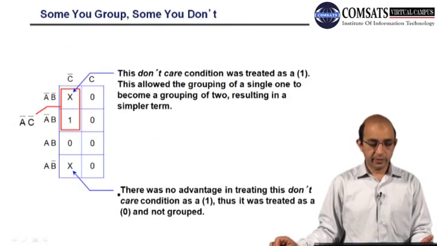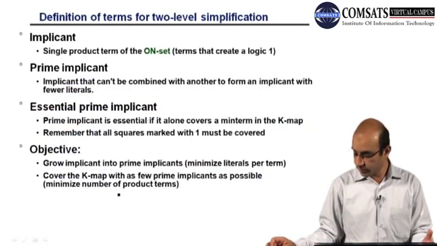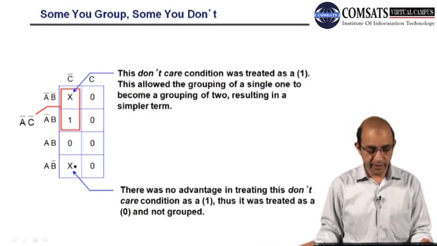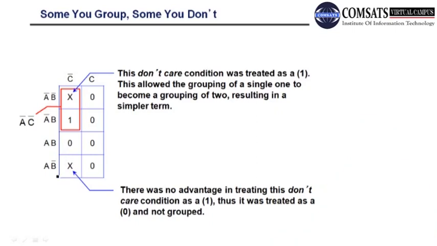Okay, so as I have mentioned, some don't cares you group and some others you don't. Here you can see that this don't care is grouped with this one to get a simplification, and this don't care has not been utilized. So it means we are placing a 0 here. It's up to you.